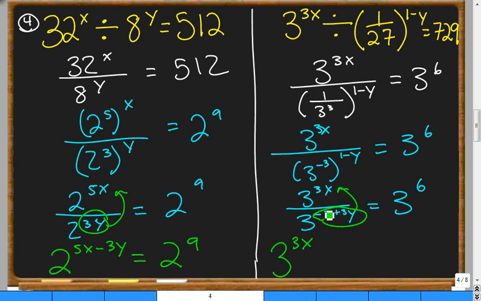We are subtracting this whole thing, so if we subtract negative 3 plus 3y, we have to distribute that negative. So it's going to become minus negative 3, which gives us a plus 3, and then we have to subtract the 3y away as well. And that equals 3 to the 6. Now we have two separate parts that we can work with.